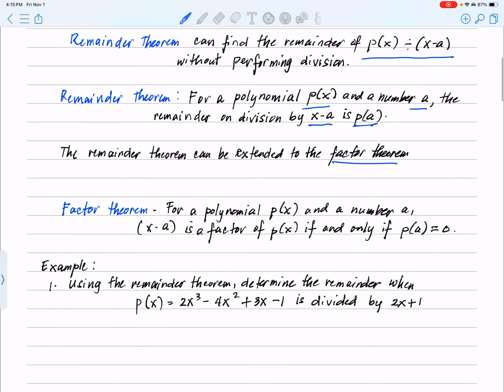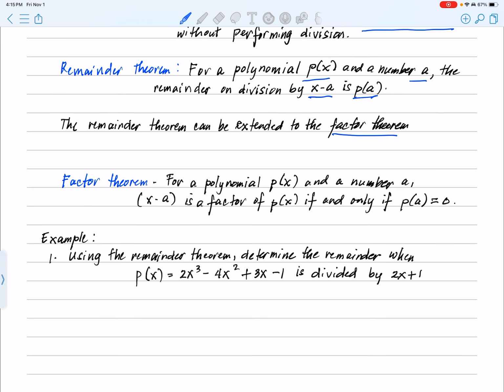So what is the factor theorem? For a polynomial p of x and a number a, x minus a is a factor of p of x if and only if p of a is equal to 0. And that's the one we are going to find out.